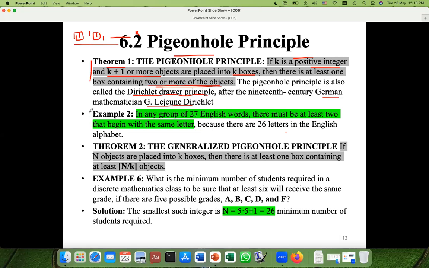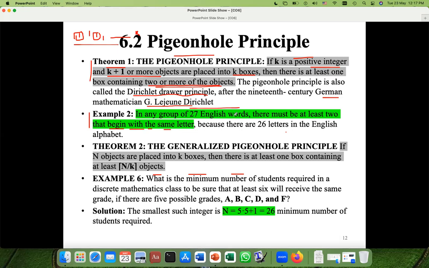Now we are going to see an example. For example, if you have 27 English words, for example, this is one word, begin is one word, with is another word, these is another word, same is. Minimum is also an English word, number is also an English word.